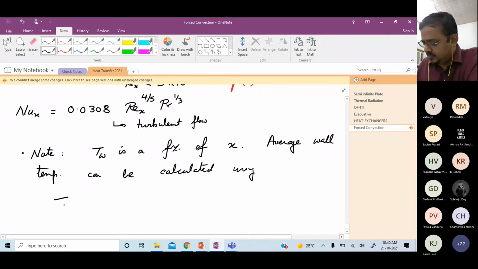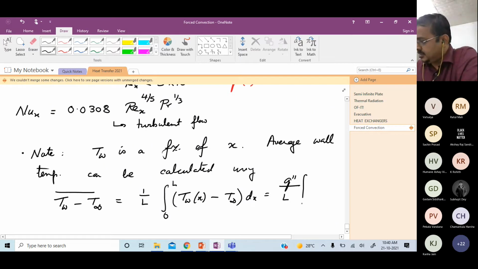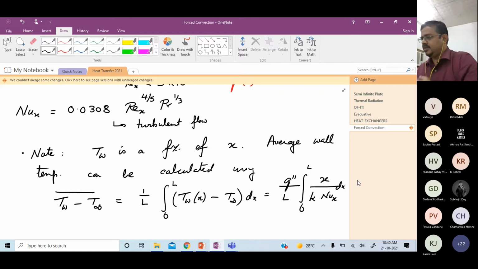We will use the TW minus T infinity average is going to be 1 over L integral 0 to L of TW(x) minus T infinity dx, right? And that is going to be what? Q double prime by L integral 0 to L x by k Nusselt x dx, right?